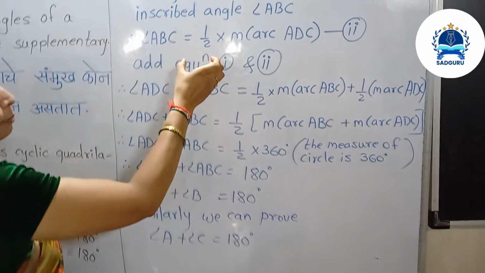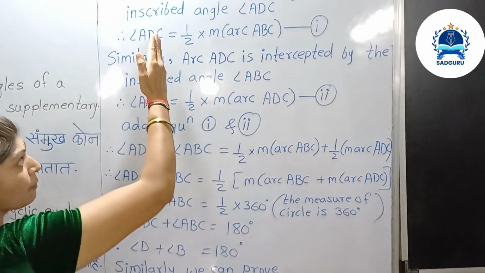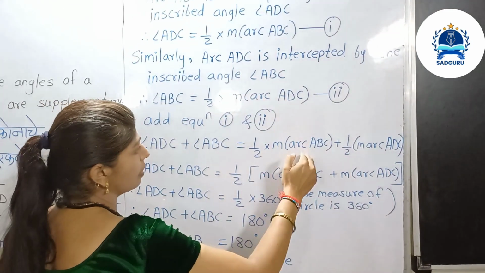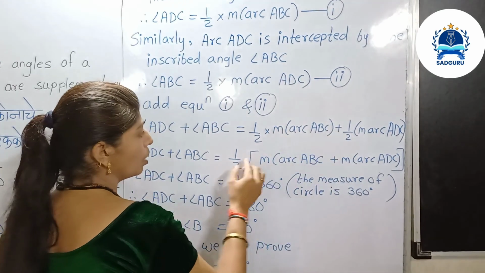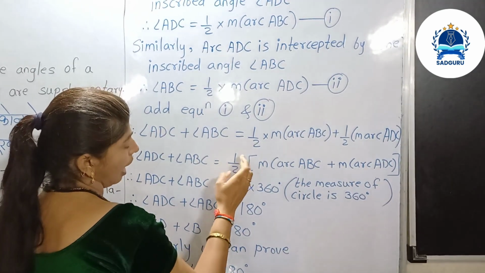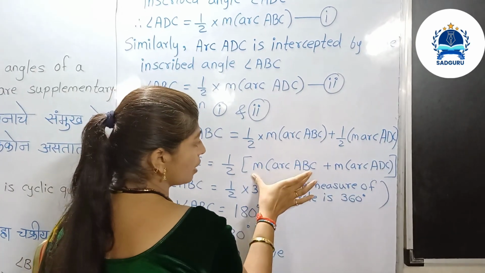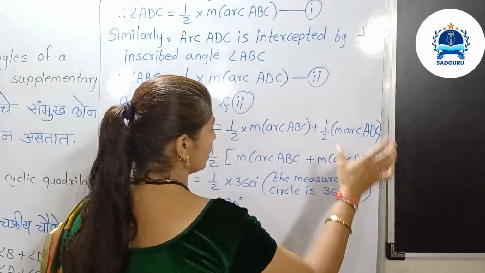We simply combine these two statements into a single statement. Here, half is common, so half is outside the bracket, and inside the bracket are the measure of arc ABC and the measure of arc ADC.